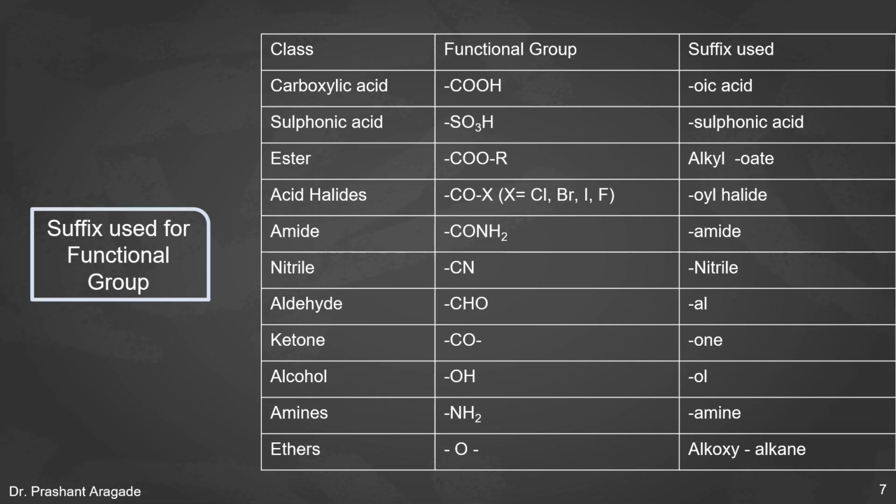So here is a table for suffix used for different functional groups. So you must remember the suffix used for these functional groups and then replace the E of last name with the suffix used for functional groups.